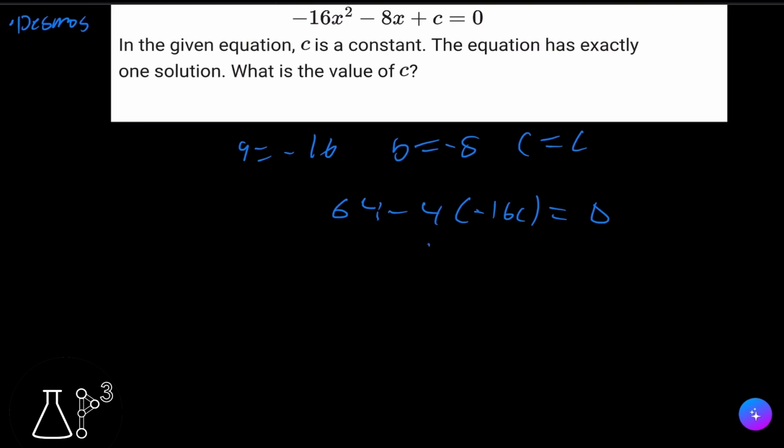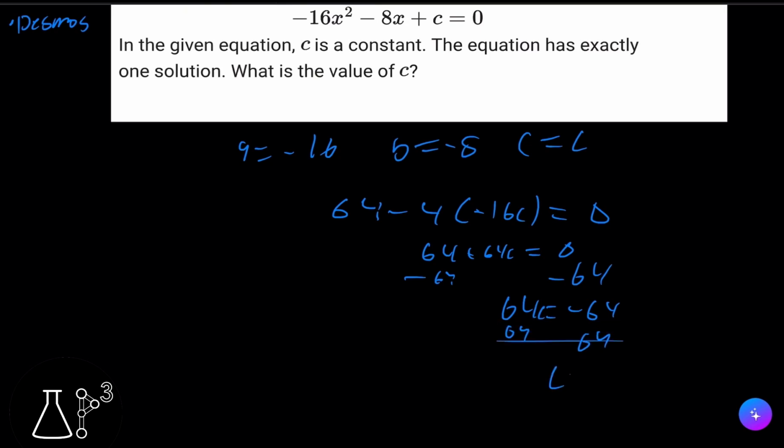So 64 plus 64c, which equals 0. So if I subtract 64 on both sides, I'm going to get 64c equals -64. Sorry, positive 64c. And if we divide 64 on both sides, I get c equals -1.